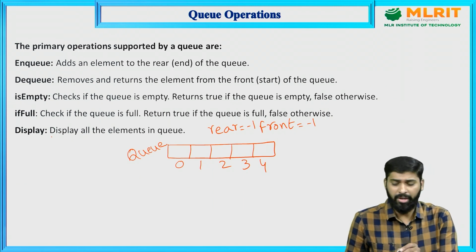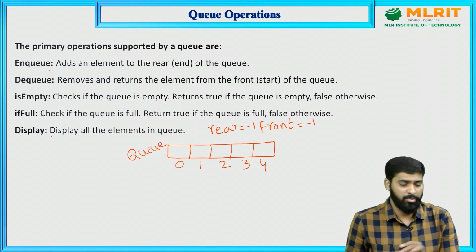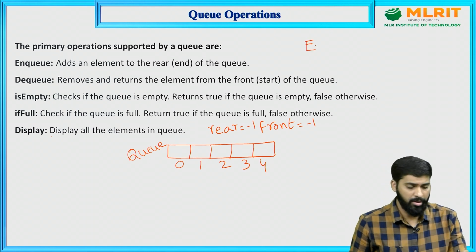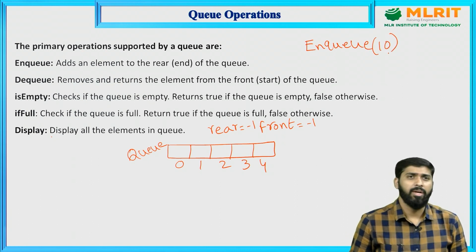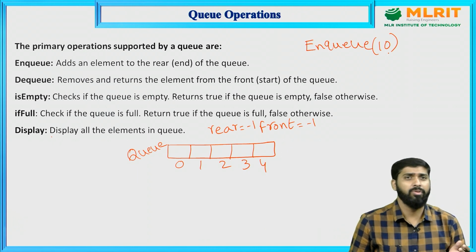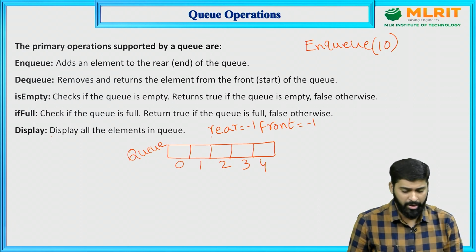Now I want to insert an element into Q. So if I call NQ 10, what it means? Now I want to insert 10 into this Q. So where am I going to insert? Q of 0. And you all remember, all the insertions are made using this rear only.